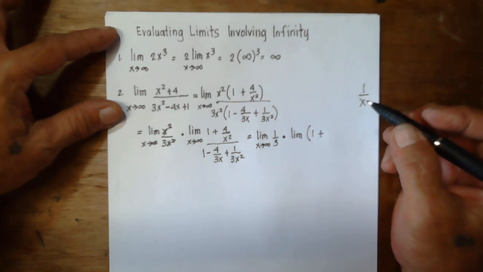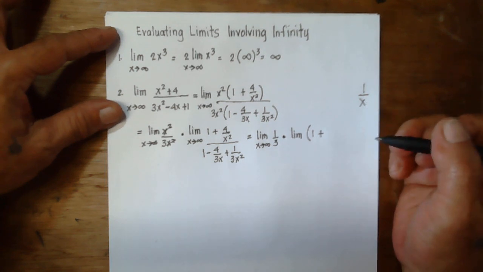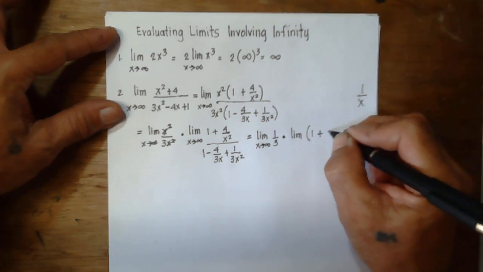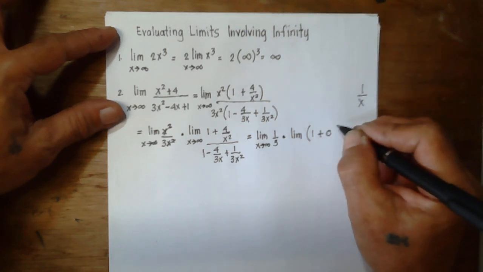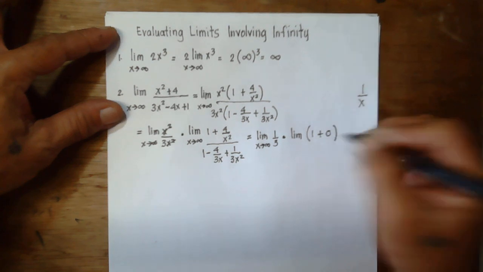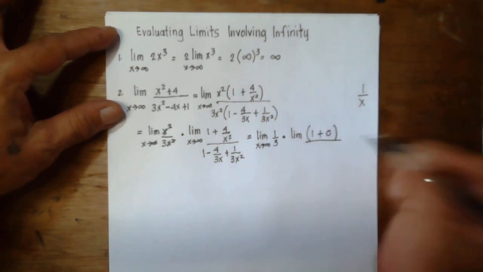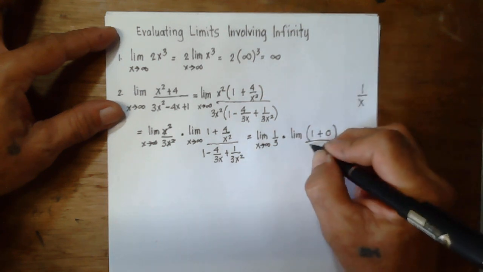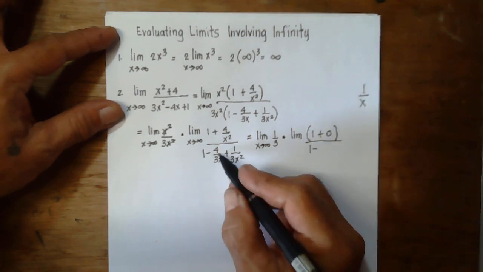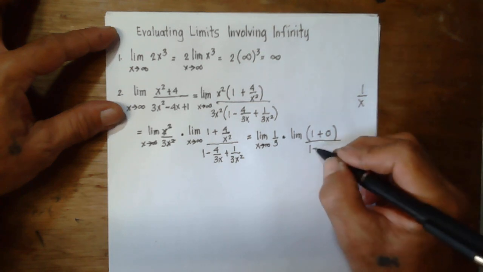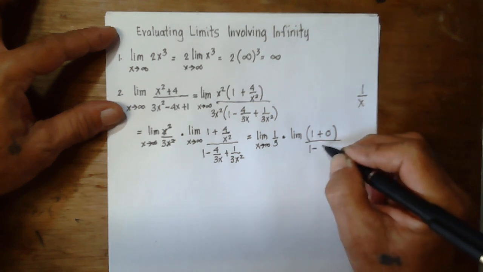So here we have 4 times 1 over x times 1 over x, and that will give us 0, over, again we have here 1, again 4 over 3x, so that is the product of 4 over 3 times 1 over x, and 1 over x is obviously a 0.